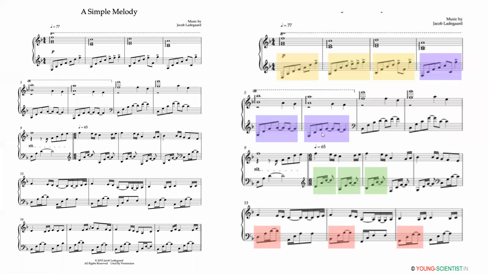Now, on the left-hand side, you have a piece of music. And looking at it seems unintelligible to someone who doesn't have training in music notation. But if you look closely, you can see that there is a repetition of pattern here.